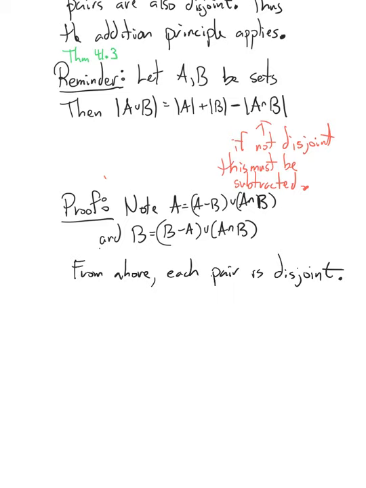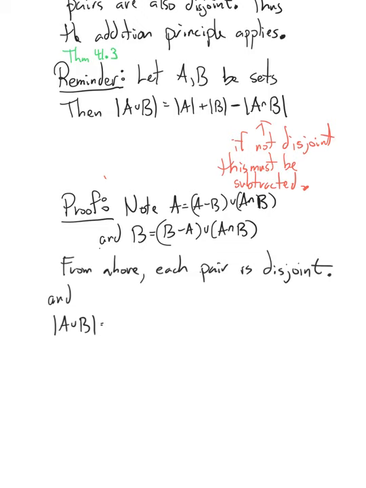Now, from above, we know that the cardinality of A union B is the cardinality of A minus B plus the cardinality of B minus A, plus the cardinality of the intersection of A and B. So we know that.